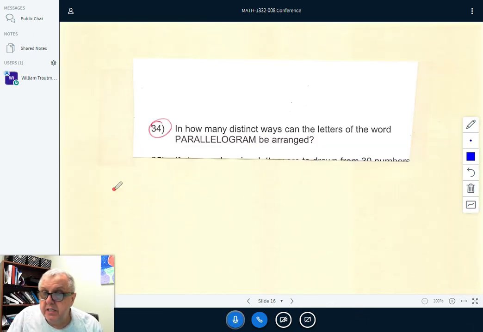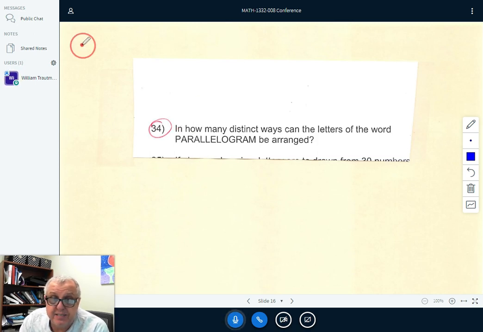In how many distinct ways can the letters of the word parallelogram be arranged? Well, we have to find out. Remember, the formula for this is n factorial divided by repeating letter factorial. So, R factorial, S factorial, T factorial, and so on.